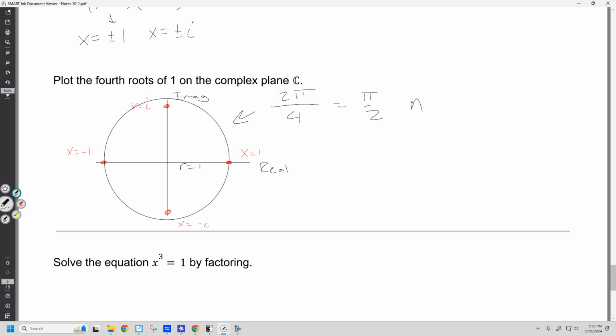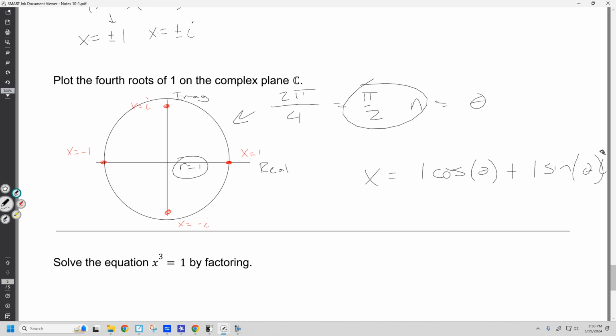I can utilize that the radius is 1 and that the angles are all pi over 2s away from each other to write my solutions. My solutions are r cosine theta plus r sine theta I, but theta is one of my pi over 2s, just like how we express those points in the 4 corners.